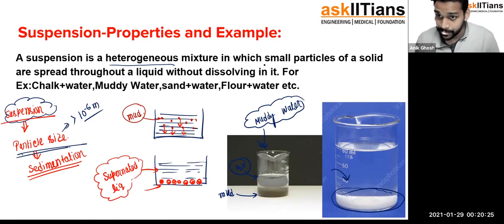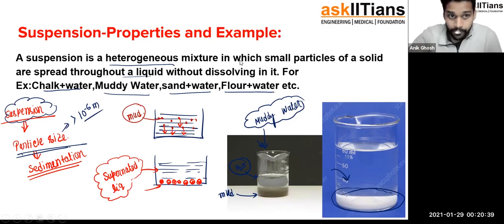A mixture in which the small particles are spread throughout a liquid without dissolving in it. For example, chalk and water, muddy water, sand and water, flour and water. Fine. So all of them are examples of suspensions. Now, as I told you, why do we call them heterogeneous? Again, you got it. If we take the solution from here and if we take the solution from here, I would get different tastes because the components have different constituent particles.